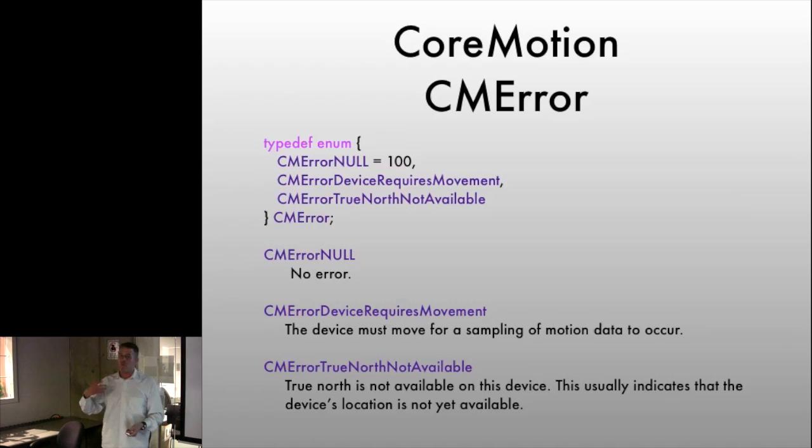If you ask for what the acceleration of the device is at the current time and the device hasn't moved, then your handler will get this error every time it's called, saying that the device actually has to move before it can start calculating acceleration along a certain vector. And if you're using the true north reference frame and it can't find the device's location yet to compare it to the magnetic north, then you'll get this error, true north not available yet.